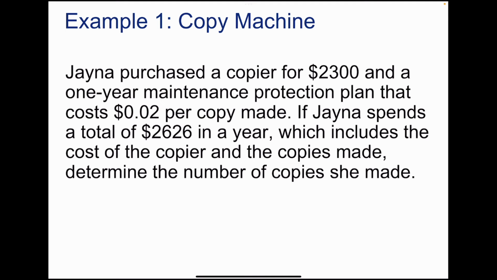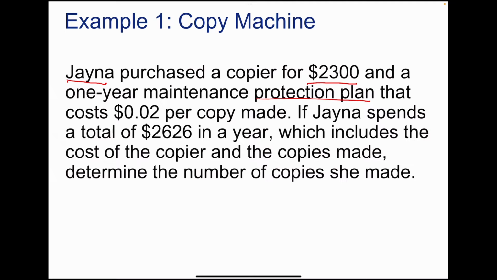Okay, let's look at this example. So let's read this first. Jenna purchased a copier for $2,300 and a 1-year maintenance protection plan that costs $0.02, which means 2 cents per copy made.